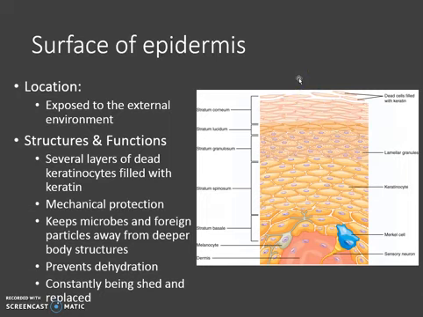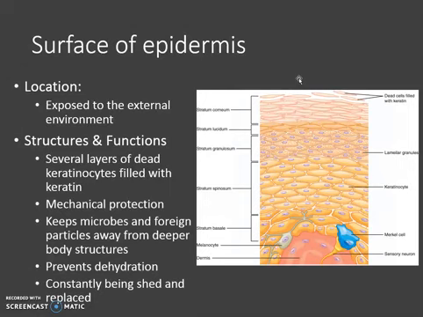So you might have bacteria landing on the surface of your skin, or a fungus, or a virus, and your skin, as long as it is intact, does a pretty good job of keeping things from getting to the deeper portions of your body and causing problems. The epidermis also helps to hold moisture in your body, so it keeps moisture on the inside.